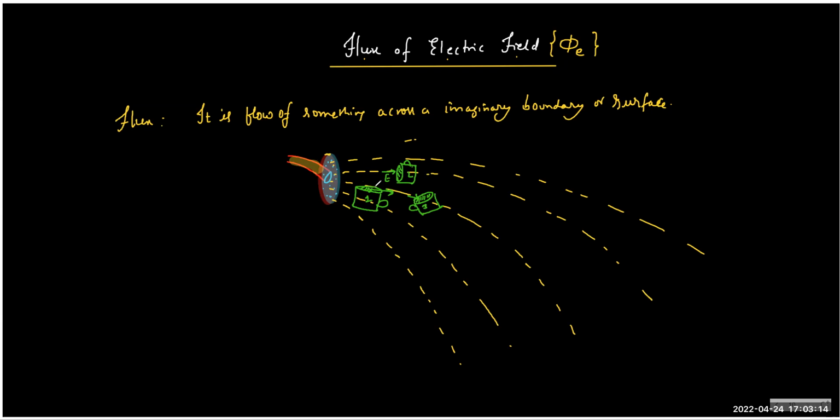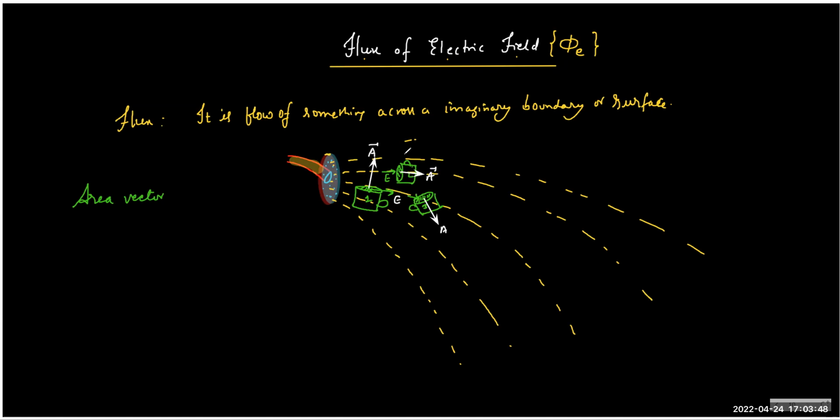We recently learned about the area vector. If I take the opening as the imaginary boundary or surface, the area vector will be like this. The area vector is always perpendicular to the surface.